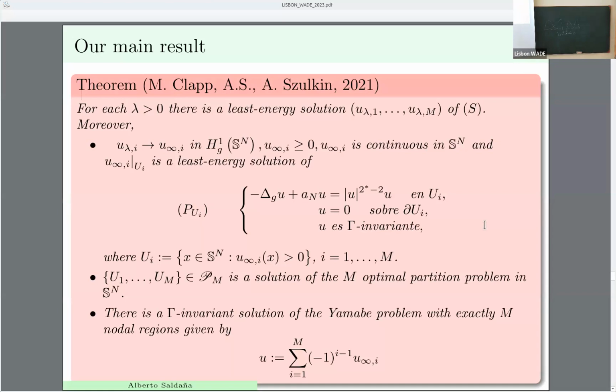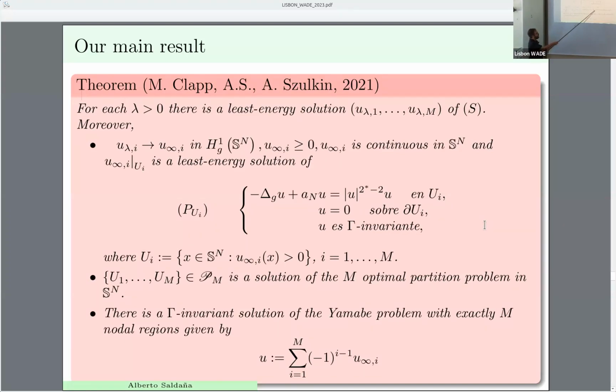Moreover, when I look at the supports of each of the components, they will belong to the set of possible partitions, because we were always considering the symmetric setting, and they will actually solve the optimal partition problem. So this intuition that we developed before, that species that have the same fighting abilities really optimize their territory, is reflected now here.